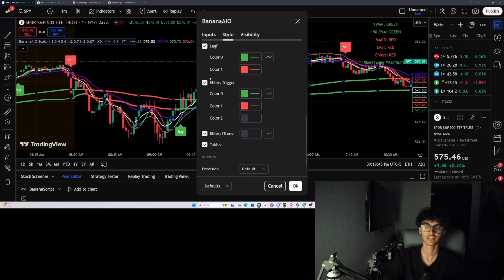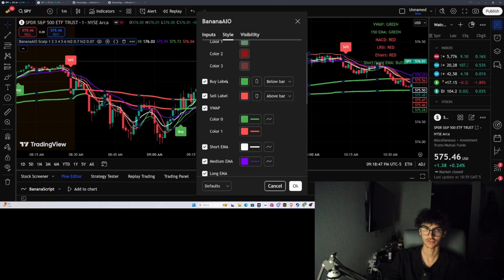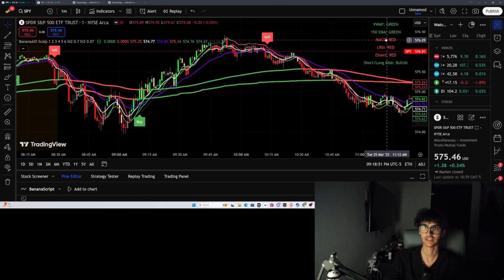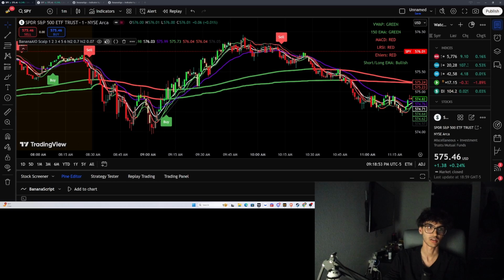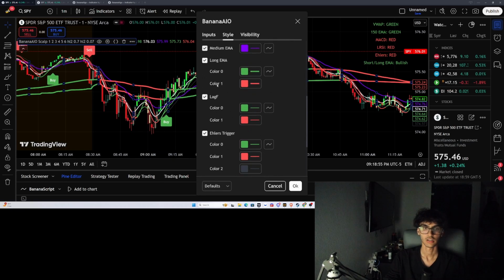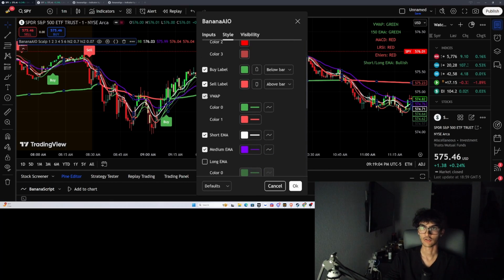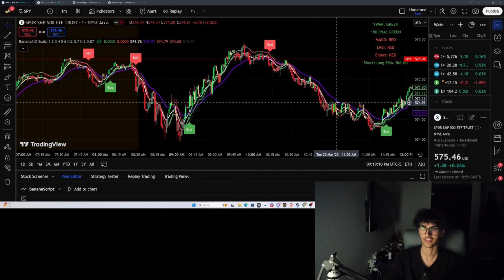Oh, the last thing is, I forgot to mention it. I also coded this in. It's a table. Because this is a lot to see on your chart, you might not want the 150 EMA, or you can make it thinner. If you don't want the 150 EMA, or you don't want VWAP on there, obviously the more information you have, the better.